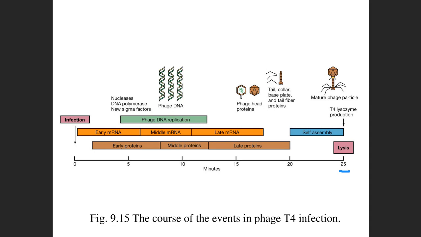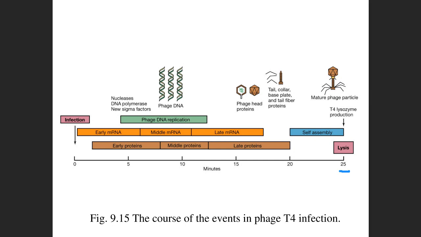The point is that because the phage has a very limited time, they want to be fast, and everything is very well timed and sequenced. So let's take a look at how the T4 virus programs itself so that it can complete its life cycle in 25 minutes and get out.